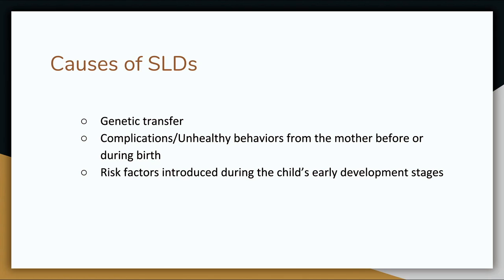This could also include malnutrition or ingested environmental toxins that could come from cigarettes, alcohol, or lead paint.